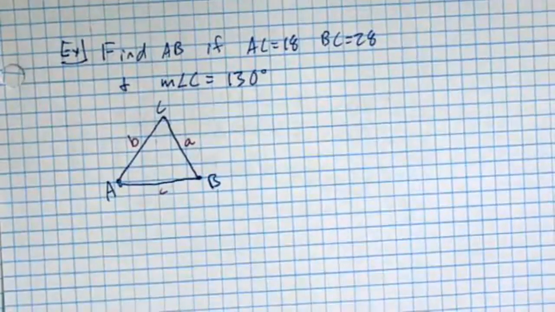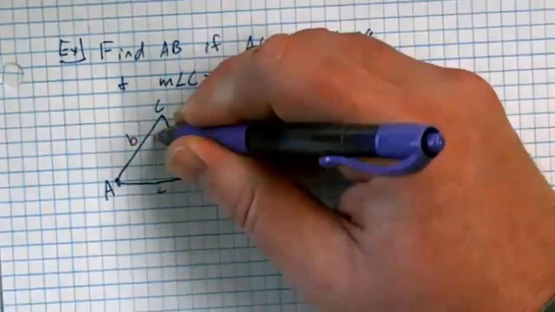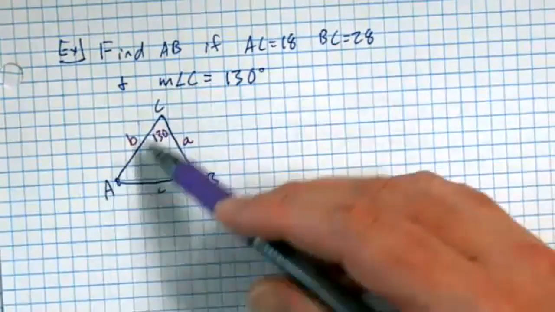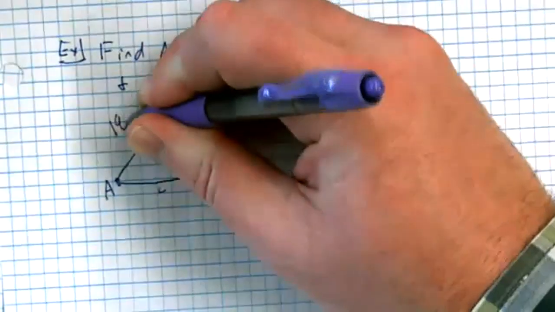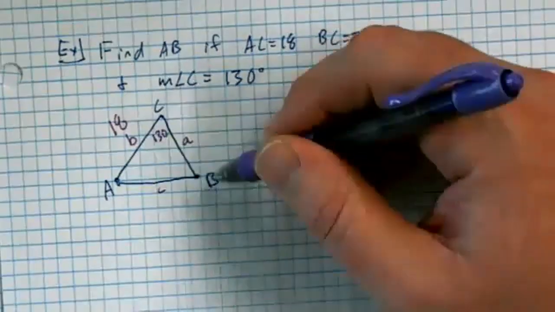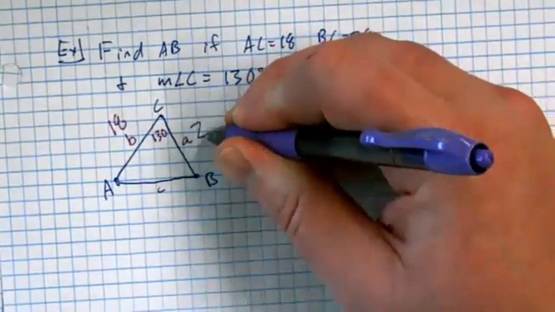And let's get our information on here. So angle C is 130. AC is right here. This is 18. So little b would be 18. And BC is 28.